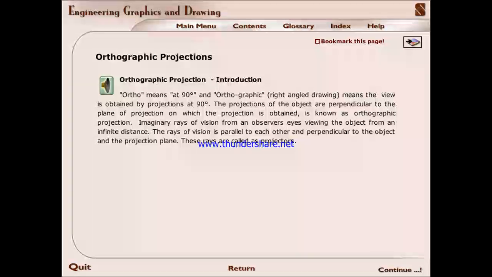The projection of the object perpendicular to the plane of projection on which the projection is obtained is known as orthographic projection. Imaginary rays of vision from an observer's eyes view the object from an infinite distance. The rays of vision are parallel to each other and perpendicular to the object and projection plane. These rays are called projectors.